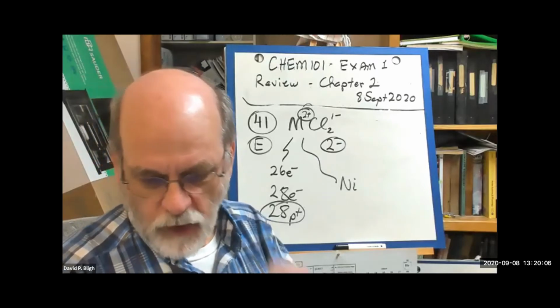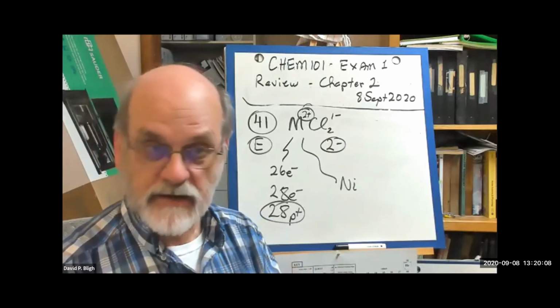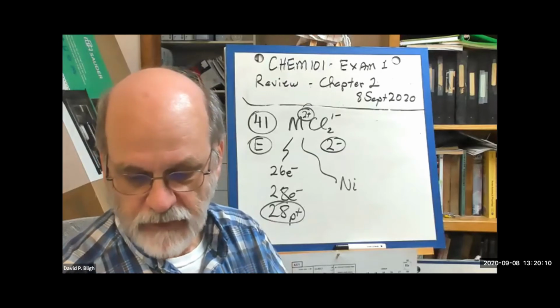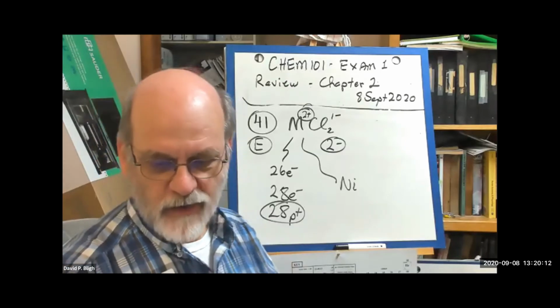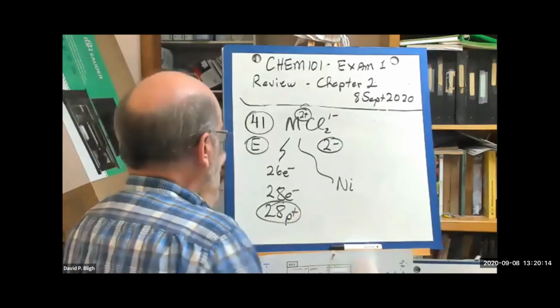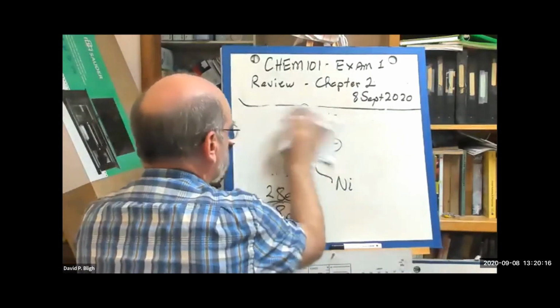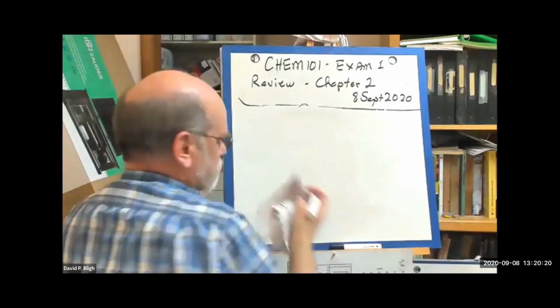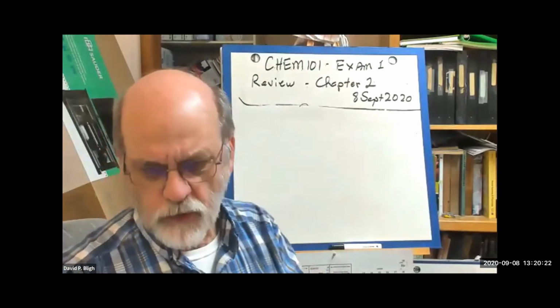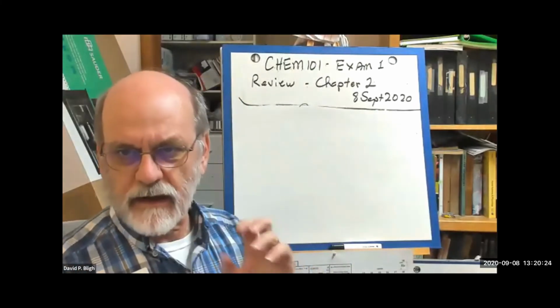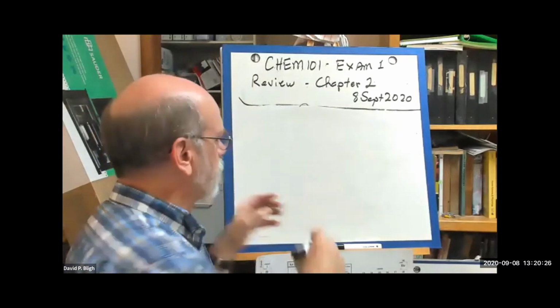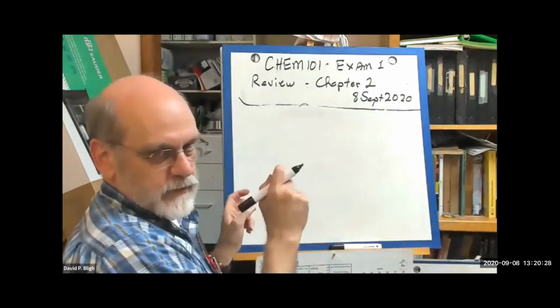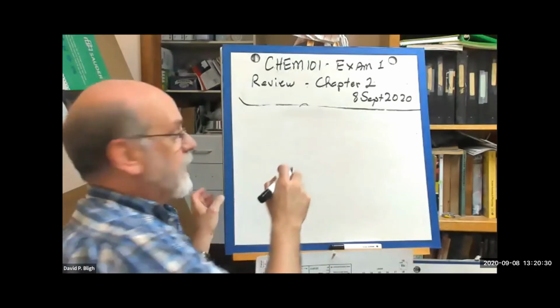But one of the exercises, the extra credit exercises, was naming compounds. So which of the following is incorrect? Maybe we better go over the rules first in naming a binary compound. Right? You've got 3 types of a binary compound.